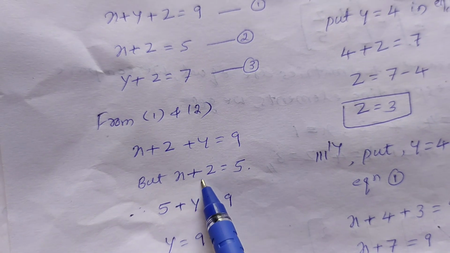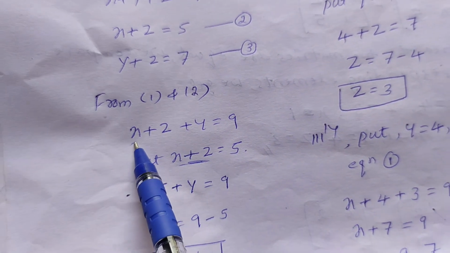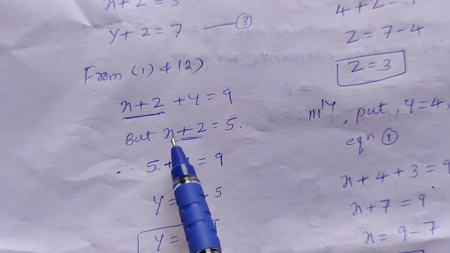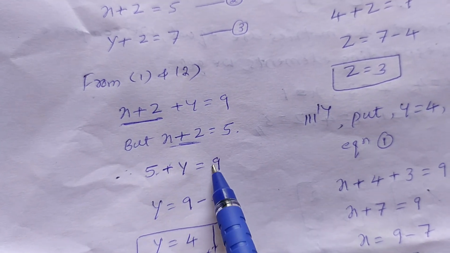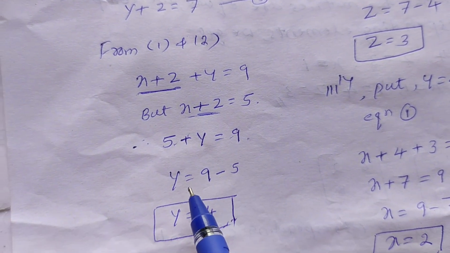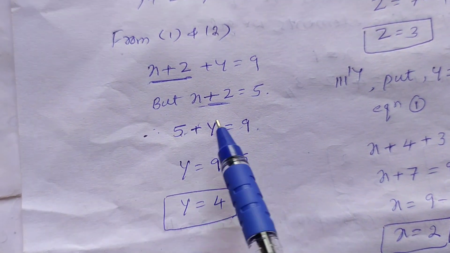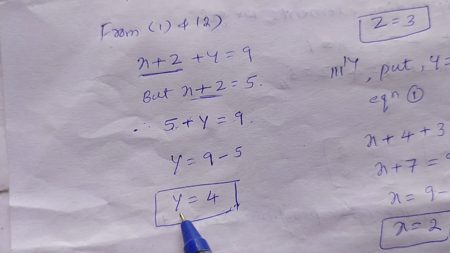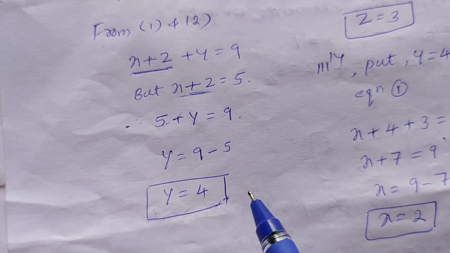Put the value of x plus z is equal to 5 here in this equation. That is 5 plus y is equal to 9. Transfer the 5 to the right side, it becomes minus, y is equal to 9 minus 5, which is 4, y is equal to 4. We get the value of y.